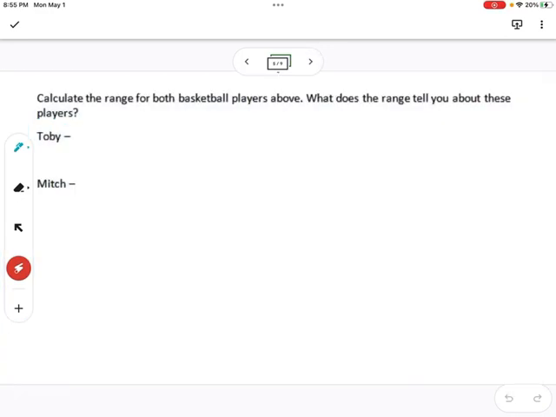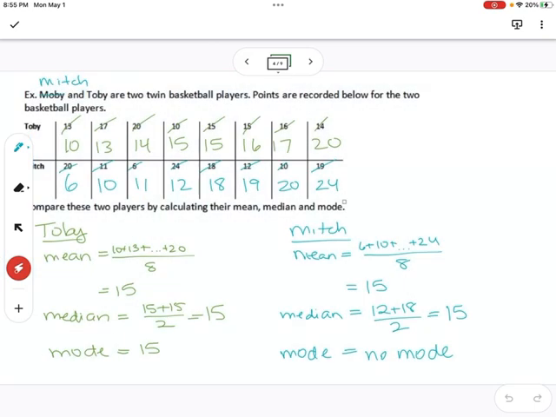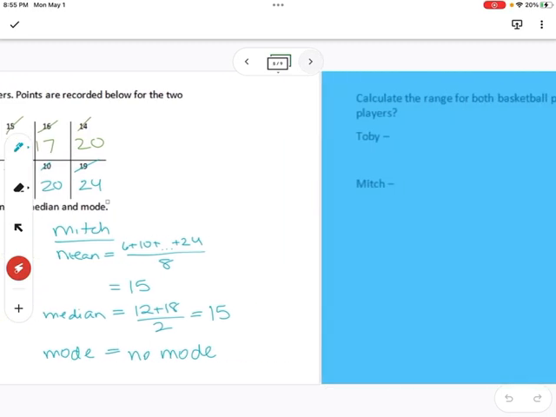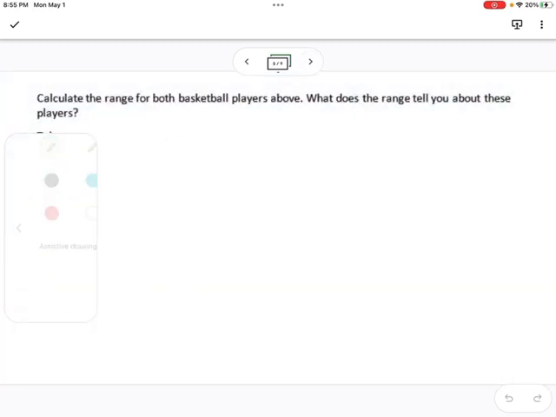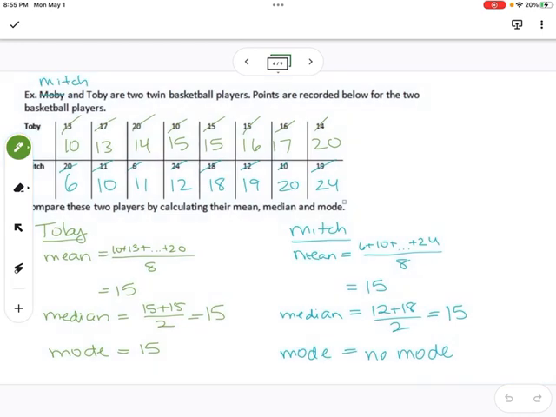Okay, so it is next asking us what the range is. So if we look for Toby, we want to use the highest number, subtract the lowest number. So that is 20 minus 10. So that gives us a range of 10. Now, if we look at Mitch, the highest is 24, the lowest is 6.